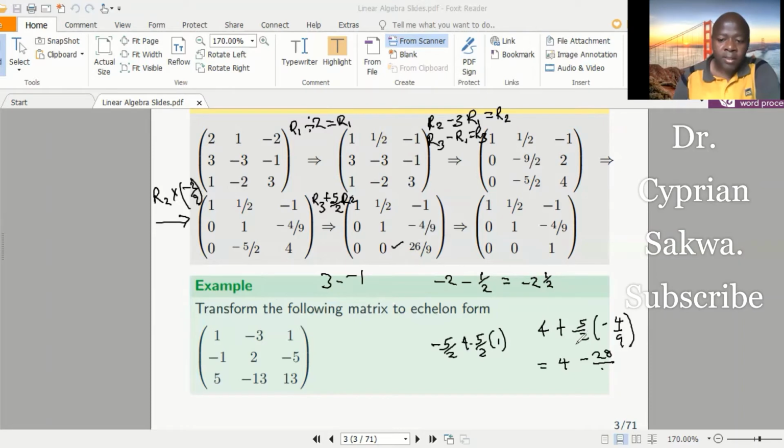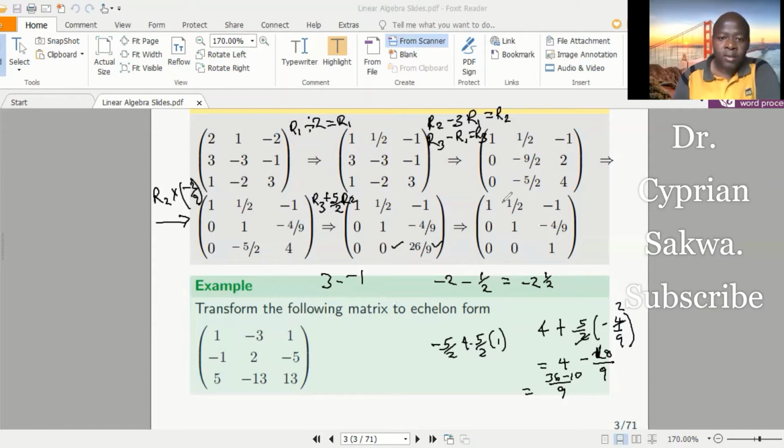Or let me just say this because this is 2, minus 10/9. The LCM would be 9. And this would be 36 minus 10, which gives me 26/9. It is the 26/9 you're seeing here.